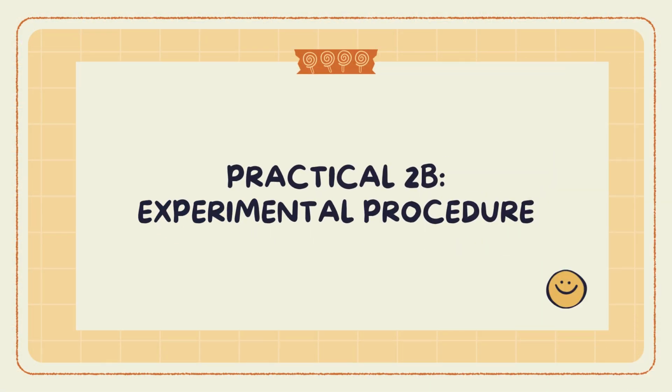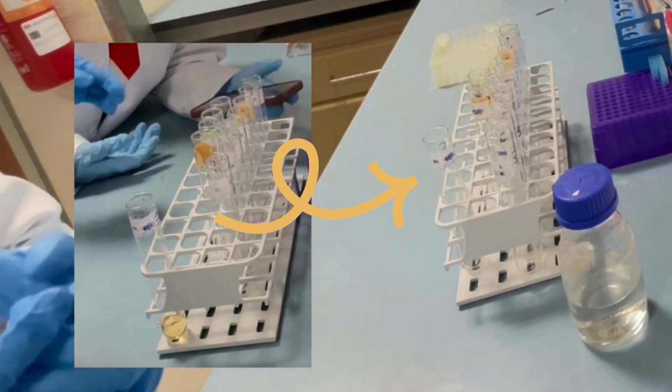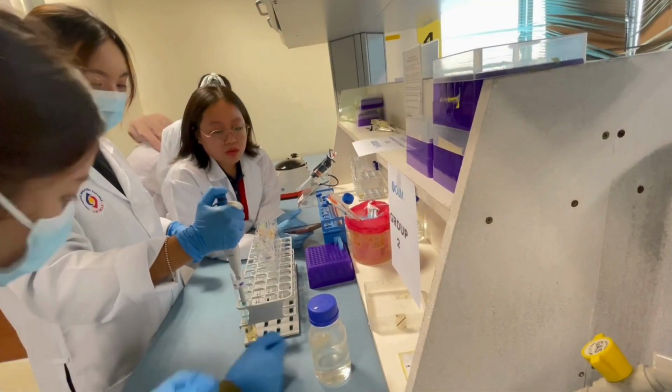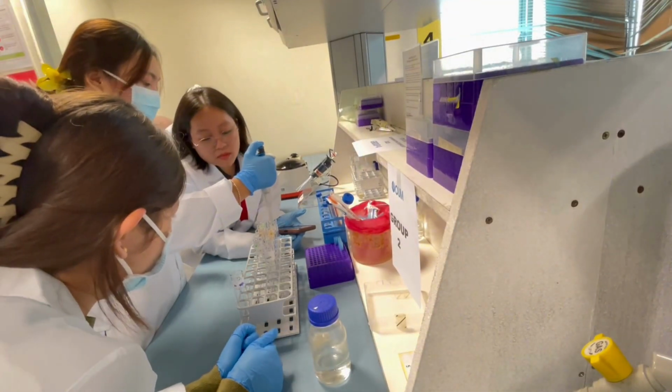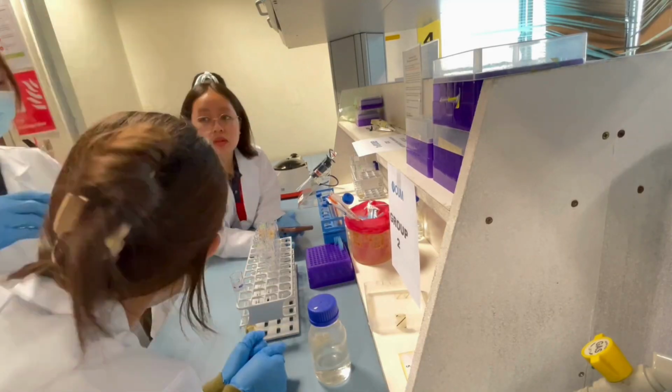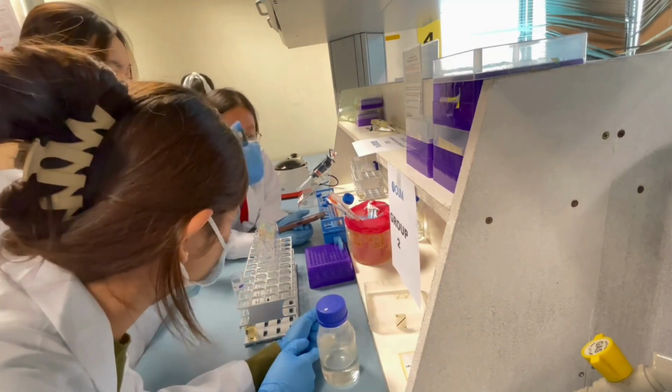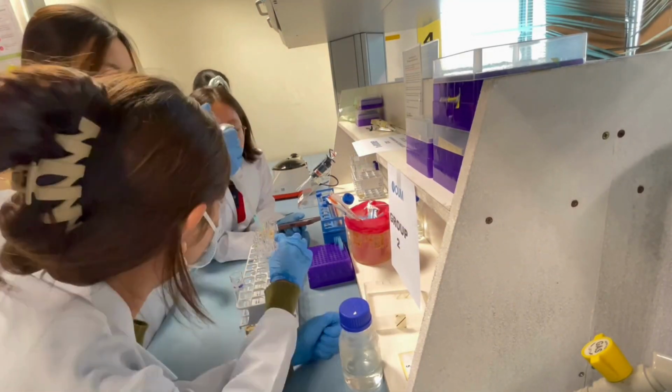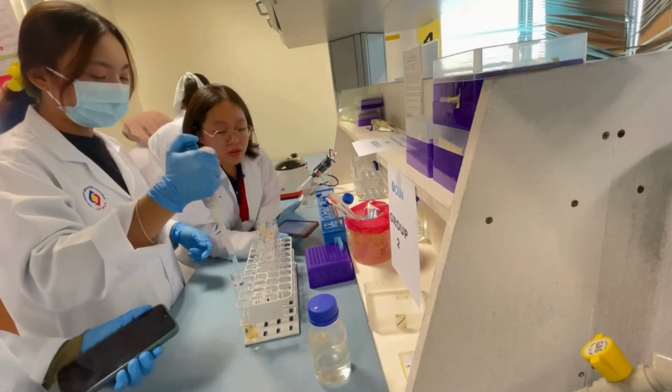Our experimental procedure for practical 2B is: the first step, add 1 ml DNS reagent into all test tubes containing sample as measured according to the tables.